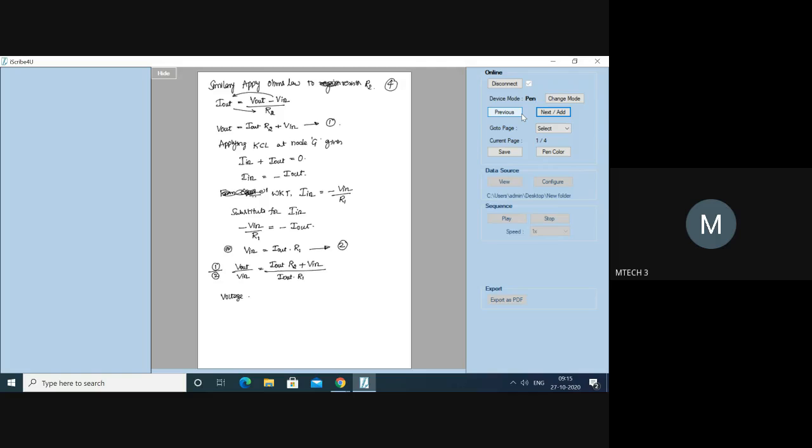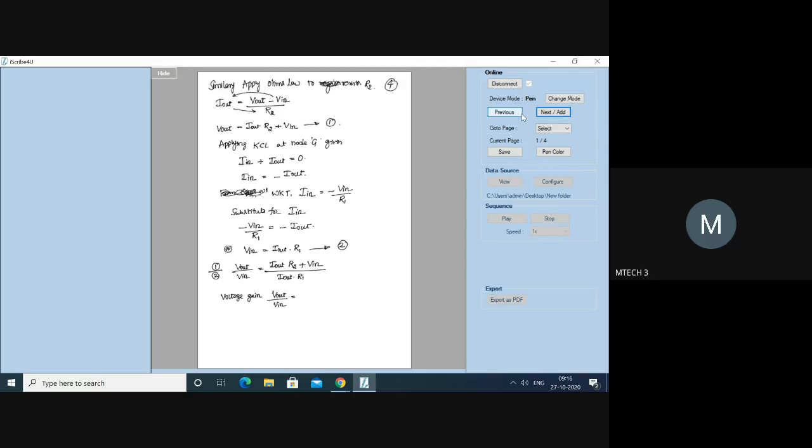Voltage gain. R1, R2 plus Vn by R1. Vn is equal to R2 plus Vn.